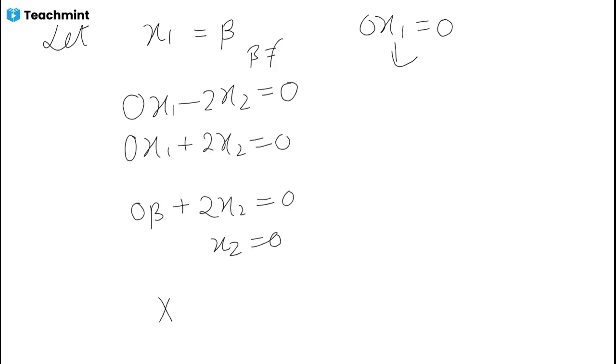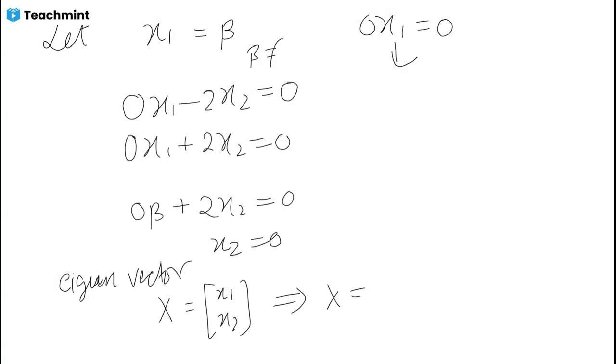So x, meaning the eigenvector, can be expressed as x having values x1, x2, and we can represent it with this beta and this 0.